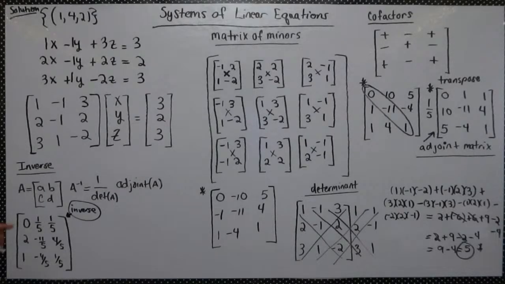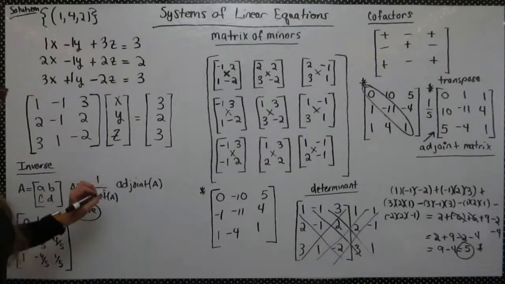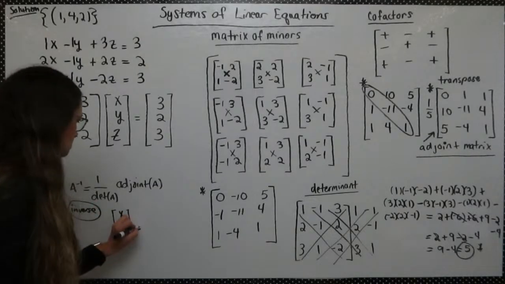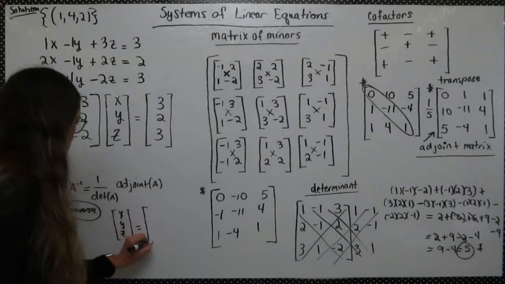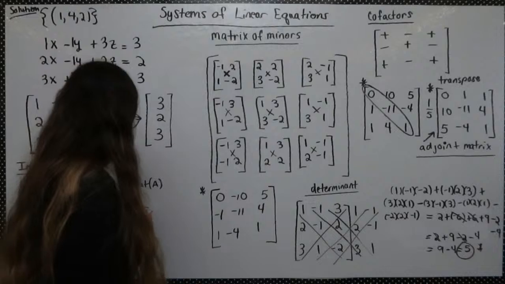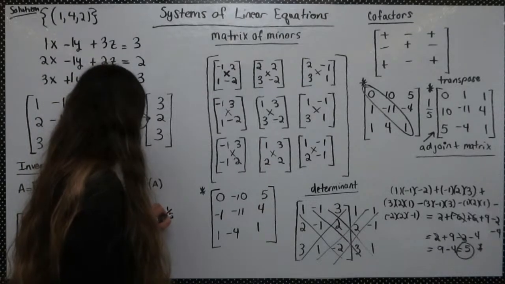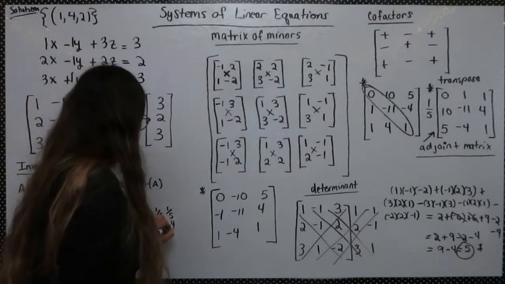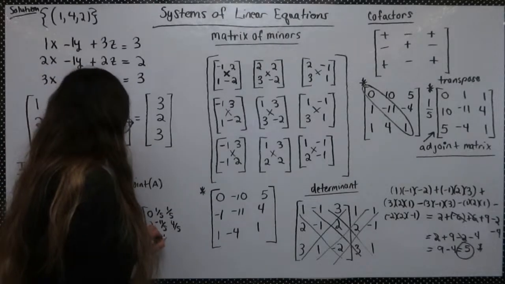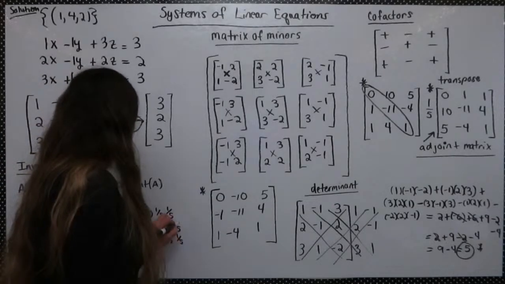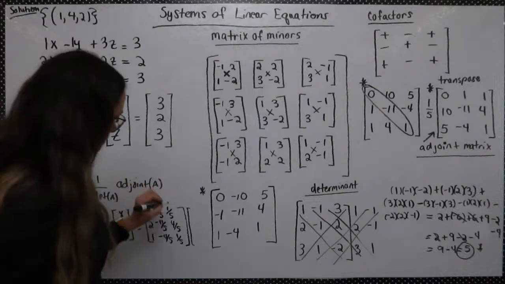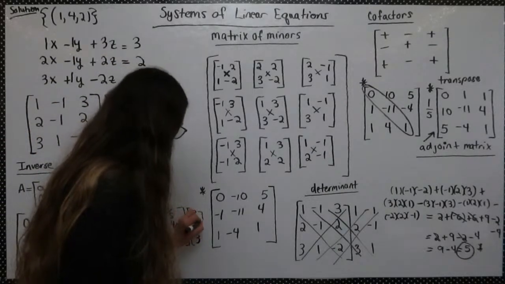So all we have to do per this formula is, you have x, y, z equals your inverse, which is this: 0, 1/5, 1/5, 2, -11/5, 4/5, and 1, -4/5, 1/5, times your constants: 3, 2, 3.